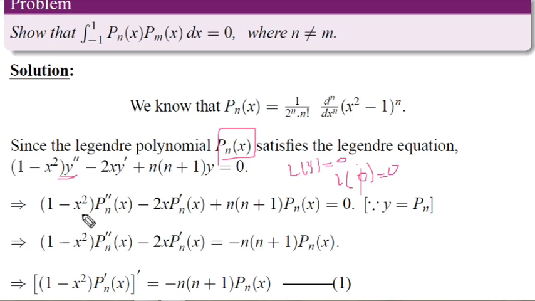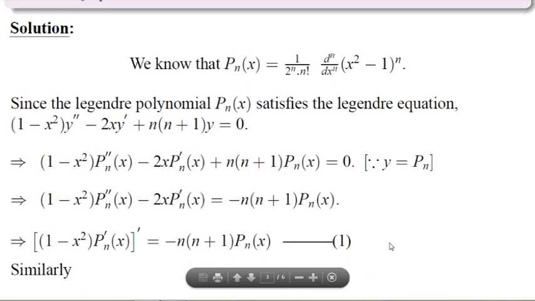What do we get? (1 minus x square) into Pn double dash of x minus 2x into Pn dash of x plus n into (n plus 1) into Pn of x, since y equal to Pn. Moving the last term to the right-hand side, it becomes minus.